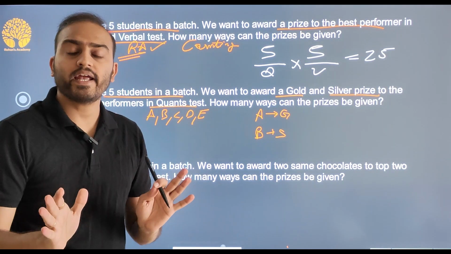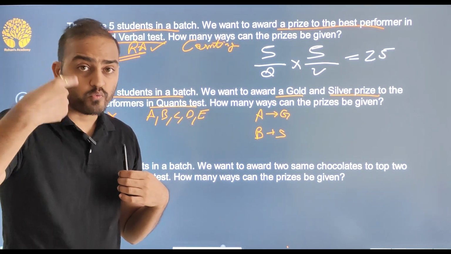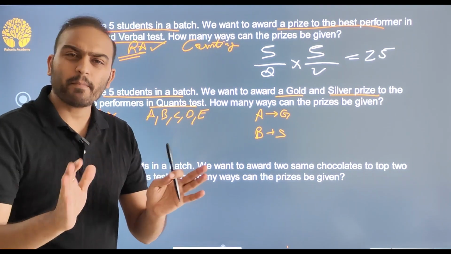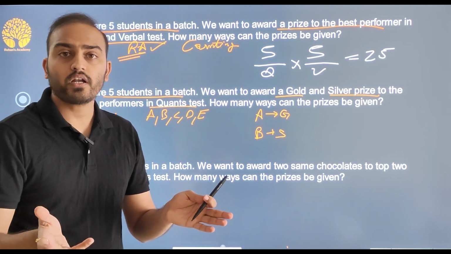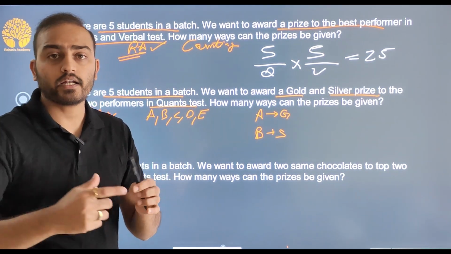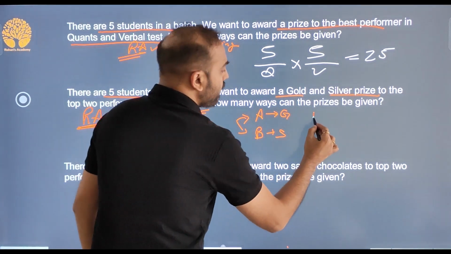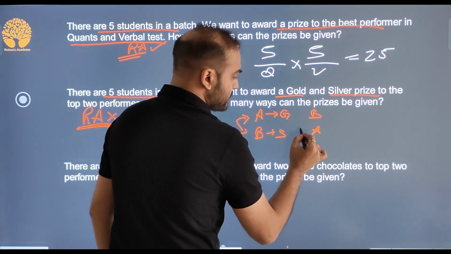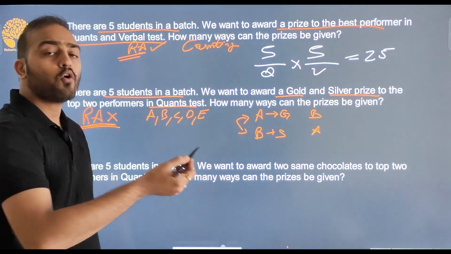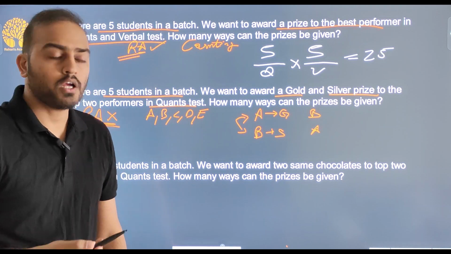It's the 2 of us only getting the prize, but now I will get gold and you will get silver. Is it the same scenario? Obviously not, because the medal changes. So when I interchange their positions, it's a new scenario.